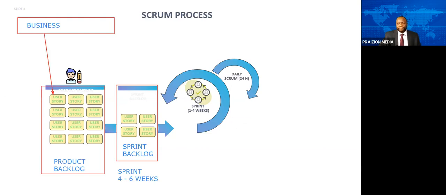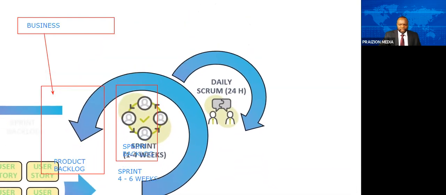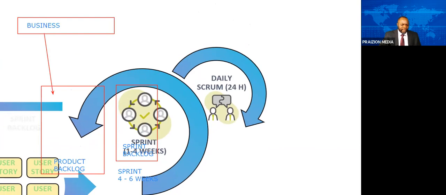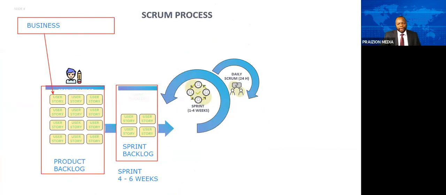So part of the ceremonies of Scrum is a daily Scrum, also known as a daily stand-up meeting. And you can see here these individuals having a conversation there. Those people having the conversation are really answering those 3 questions. What did you do yesterday? What are you doing today?